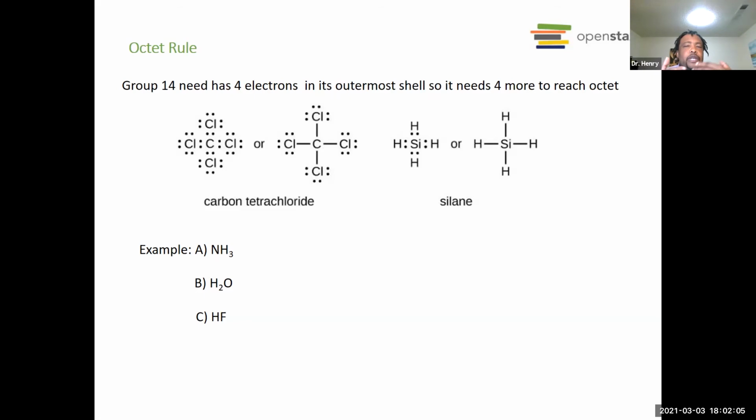The atom with the weakest electronegativity is typically put in the middle, or the atom that can have the most things attached to it. Carbon can have 4 bonds attached, so we're going to put carbon in the middle. It's the same thing with silicon here.